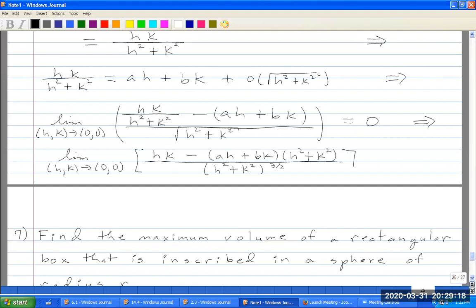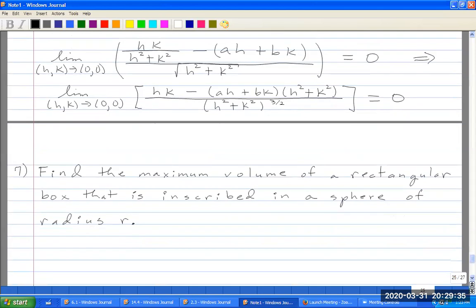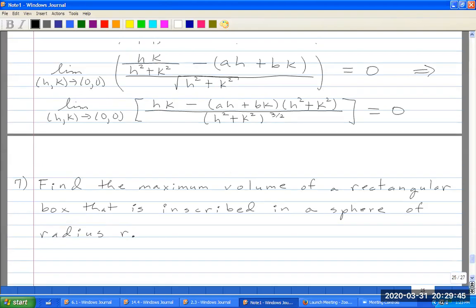It must be that this limit is 0. So the only way for this derivative to exist is if this is 0.